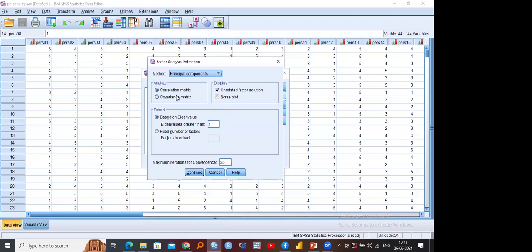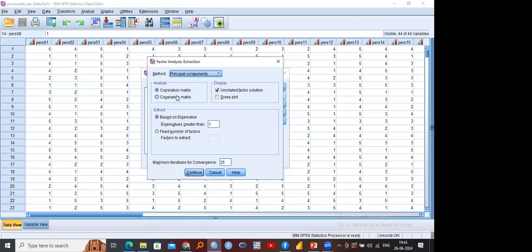Now, if you are going for principal component, make sure that in the analyze section, correlation matrix is selected. Because as I said, principal component works on the concept of correlation.